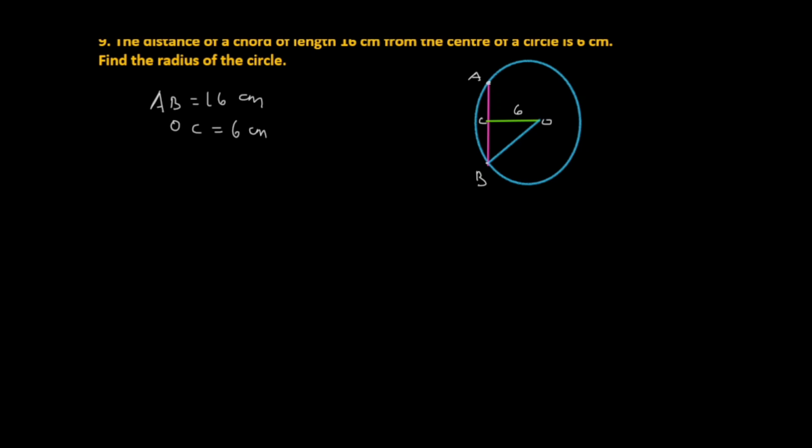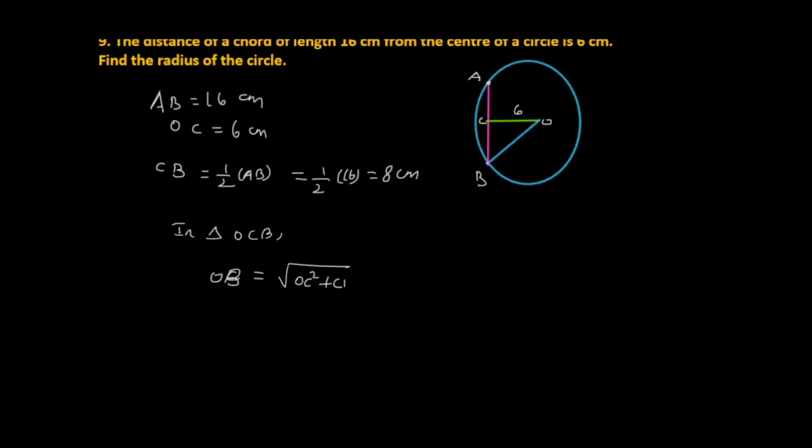AB is equal to 16 centimeters, which means CB is half of AB, half of 16, equal to 8 centimeters. Length of CB is 8 centimeters. In triangle OCB, the radius is OB. OB is equal to the square root of OC squared plus CB squared.